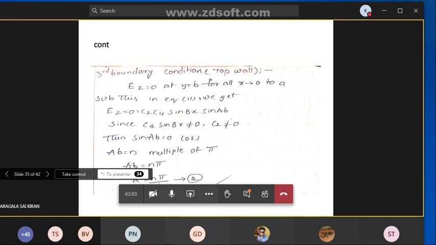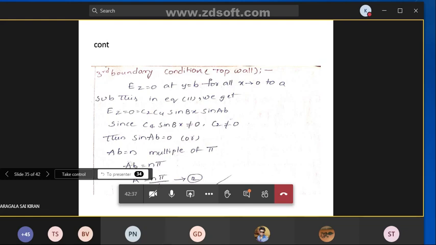Here C4 sin Bx is not equal to 0, because x changes from 0 to a. Then C2 must not be 0 either, since x is involved in C2 C4. So the total term is not equal to 0, then sin Ab equal to 0.